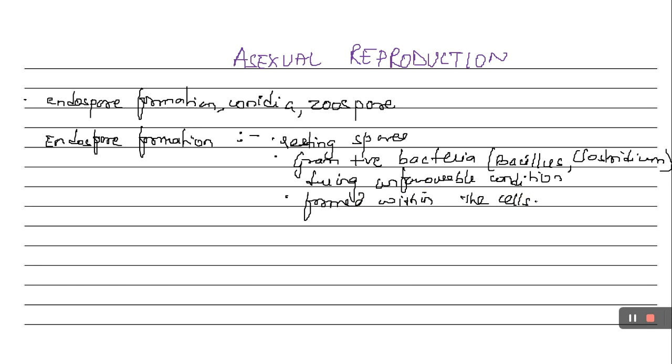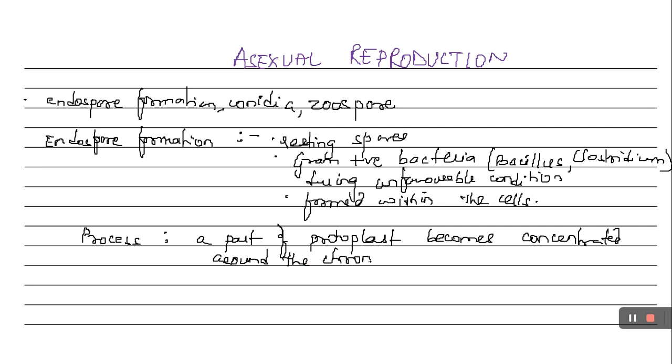And how is it formed? During the process of formation of endospore, a part of the protoplast becomes concentrated around the chromosome.